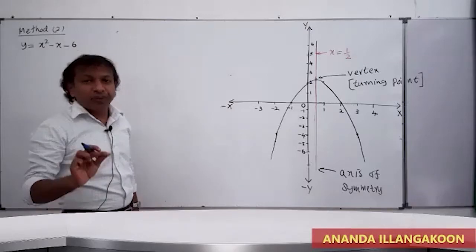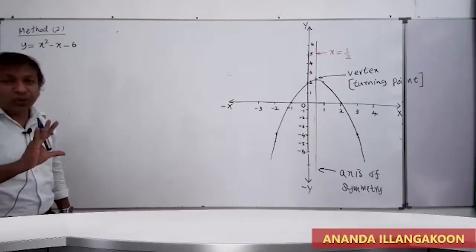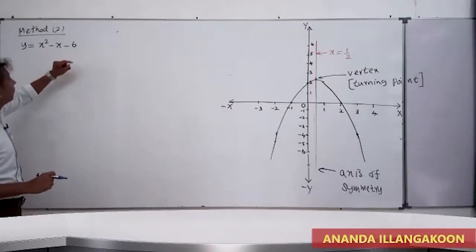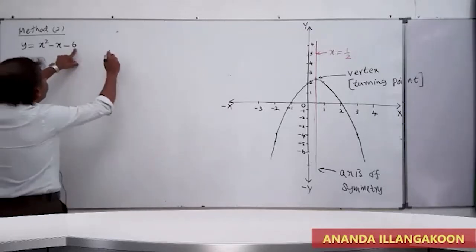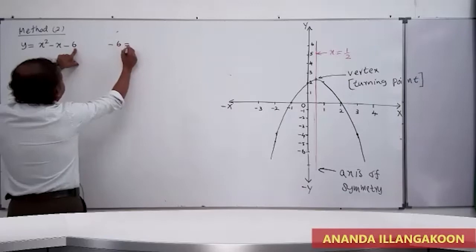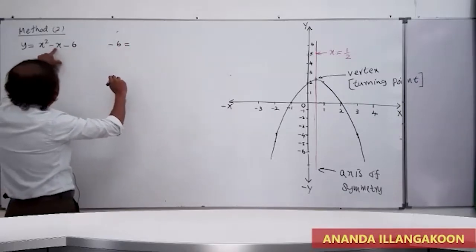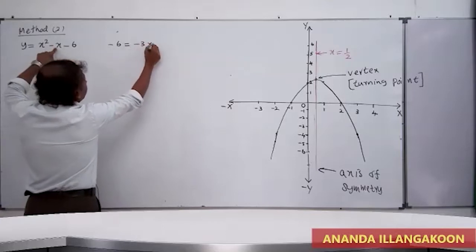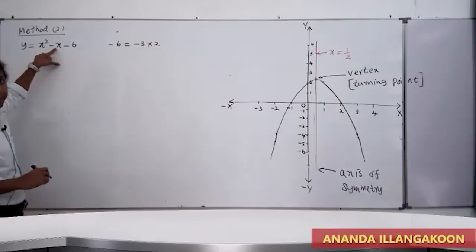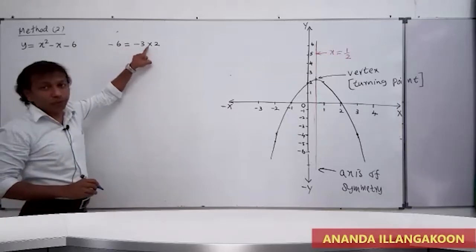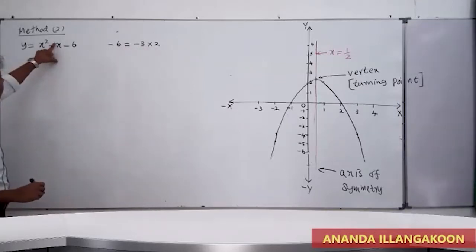Now we are not going to construct the table. We factorize this, people. How to factorize now? Minus 6 we try as a product of two numbers so that the algebraic sum is minus 1. It is minus 3 into 2. Correct? Minus 3 into 2 is minus 6, and the algebraic sum is minus 1 here.